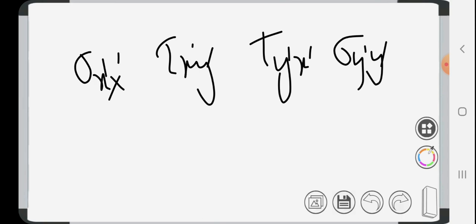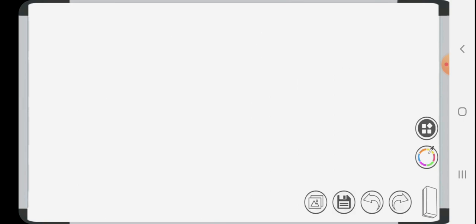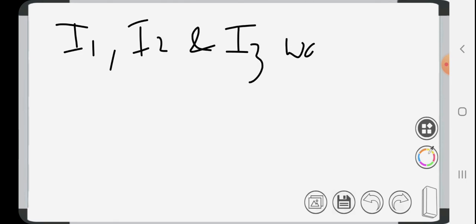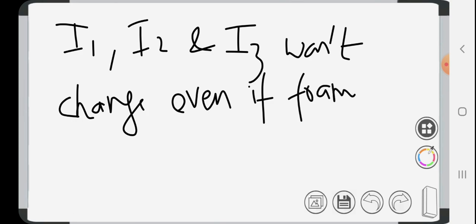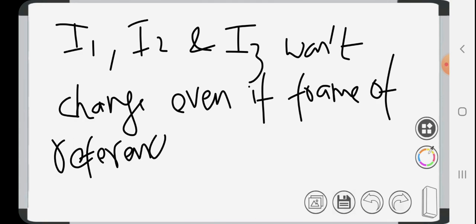But students, the values of I1, I2 and I3 won't change even if the frame of reference is changed.